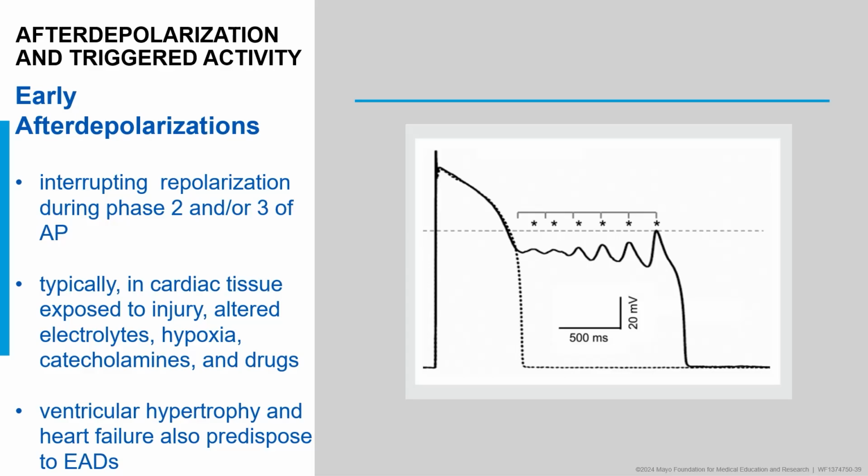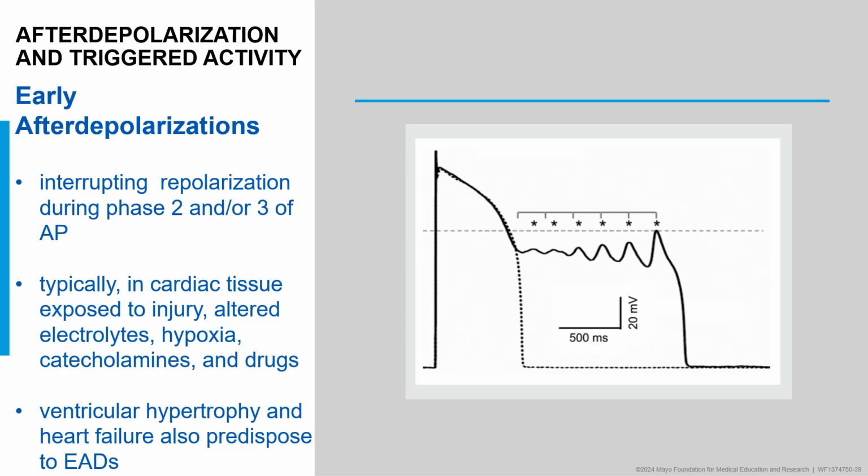So triggered activity then, early and late after depolarizations. Let's start off with the early after depolarizations, defined as happening within phase 2 or phase 3 of your action potential. Usually this is tissue that's been exposed to some kind of injury. The electrolytes could be driving it, channelopathies, hypoxia, drugs.